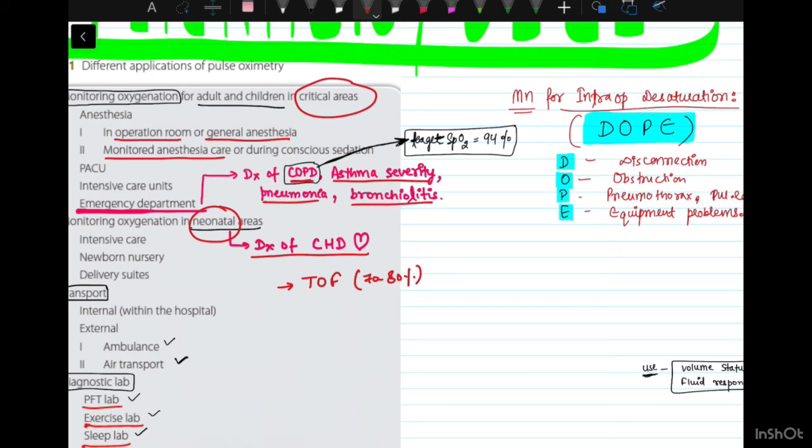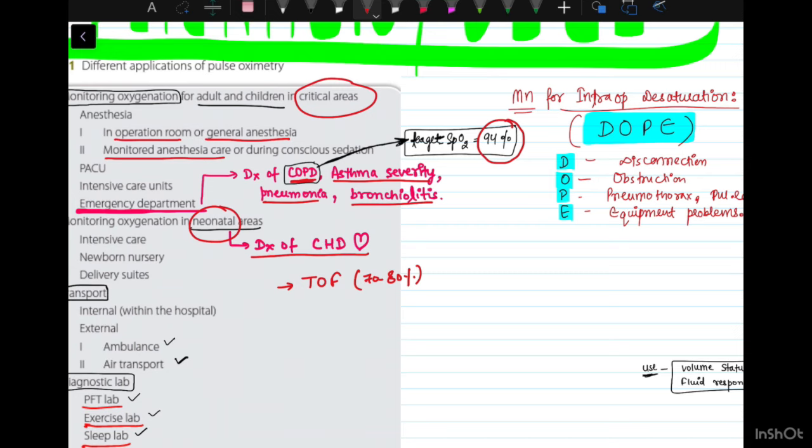Then in the emergency department, you can diagnose COPD or asthma severity, pneumonia, bronchiolitis because of the desaturation component of them. And the target SpO2, this is additional information: in COPD you don't have to target an SpO2 of 100.